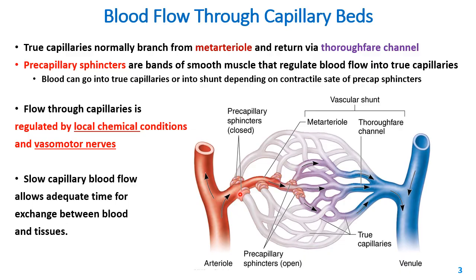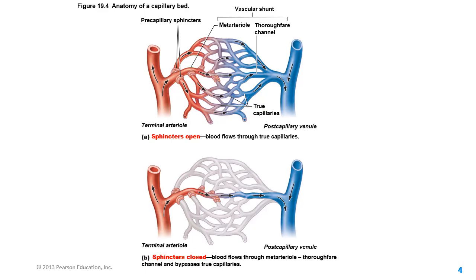So when they contract, they are going to close the flow, and you're going to have less flow to the capillary bed, and more flow just through this type of anastomosis or shunt that is shown here. All right, so here's the example of what happens when you contract those little sphincters and what happens to the blood flow.